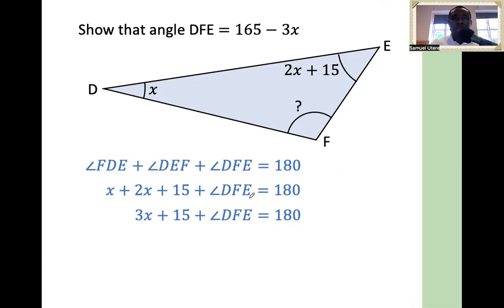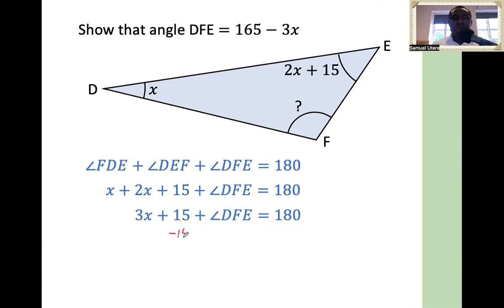So we are interested in isolating this term here, angle DFE. It could have been anything, could have been y, could have been z. It means whatever is on the left hand side has to be eliminated, because the thing that is preventing us from doing that is the 3x and the 15 that is being added.